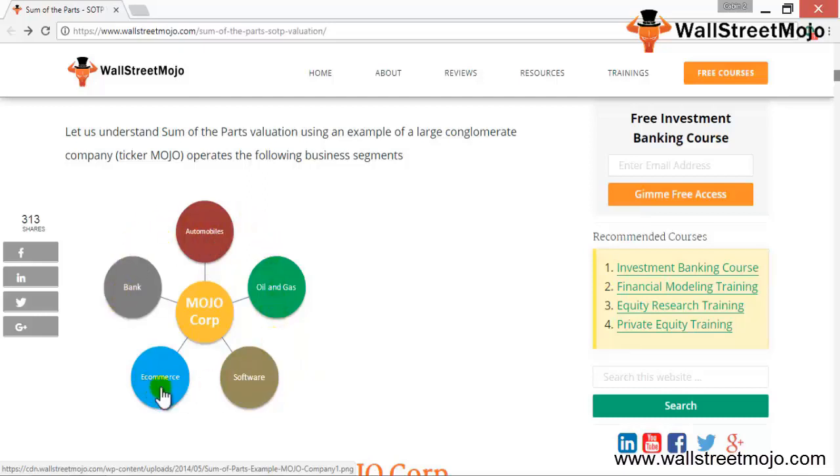And these segments or these individual businesses cannot be combined and valued. So in a way we will separately value them, because banks typically are not valued using a DCF that is used in automobile or oil and gas or such capital intensive businesses. So banks would be valued on price to book value or such multiples.